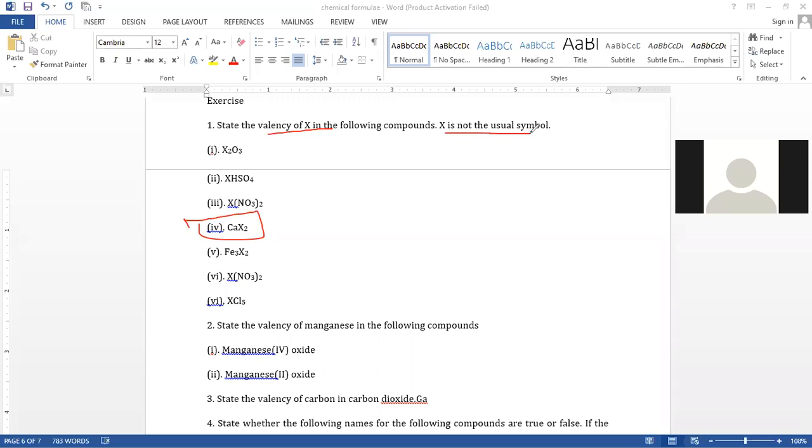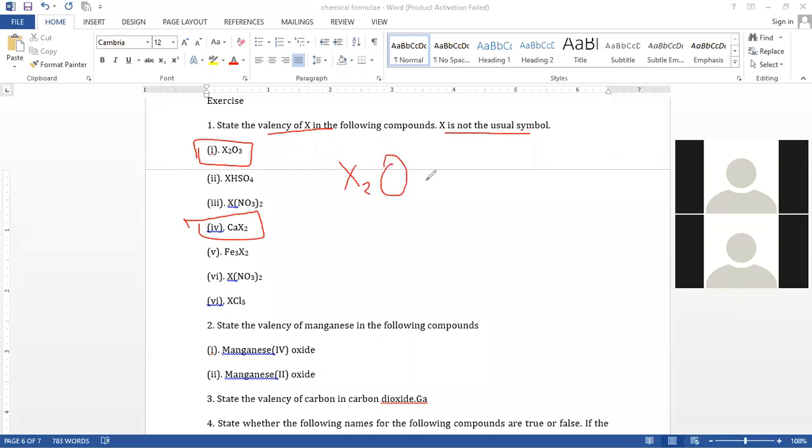Okay, thank you. Okay, students, now here we have to be very keen and very careful. They are telling us to state the valency of X, but have given us the final formula. But they are telling us X is not something that we know, so we need to keep our minds open. When we see X, our first example is X2O3. Remember, these 2 should have come from this side.